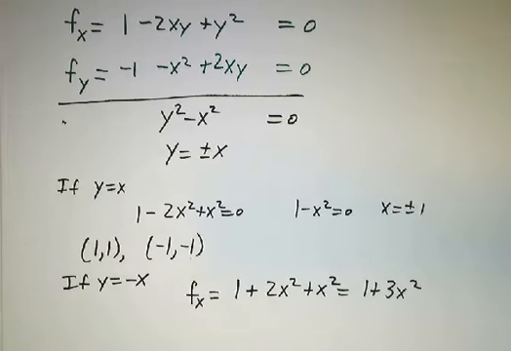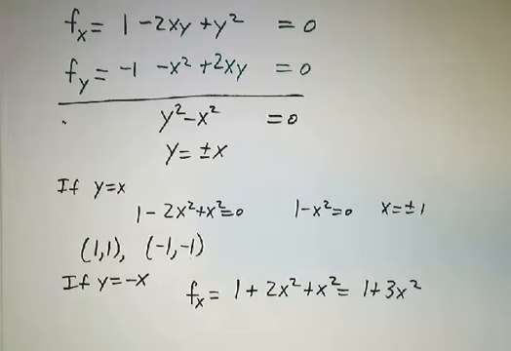Now we're going to do things separately, once for the critical point (1, 1), and once for the critical point (-1, -1). At (1, 1), these are negative 2, 0, and 2.